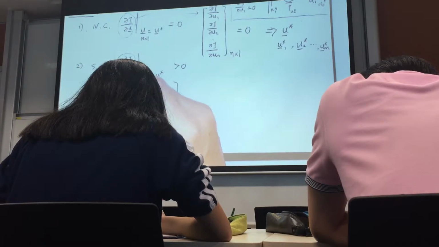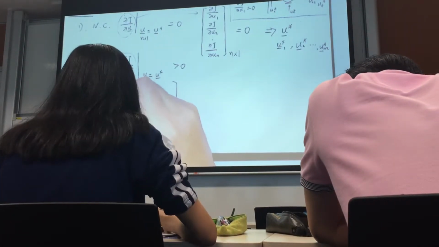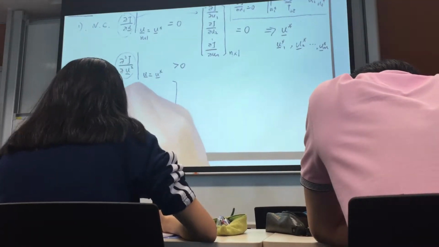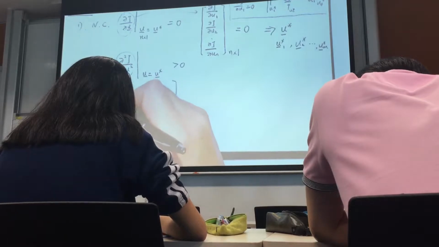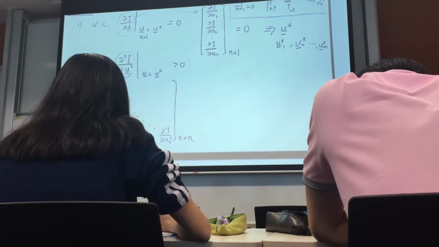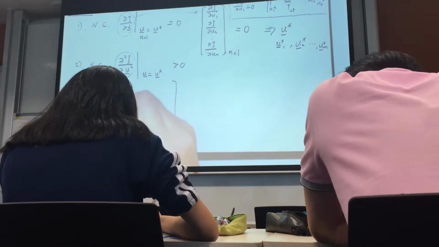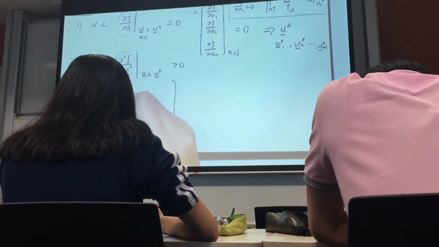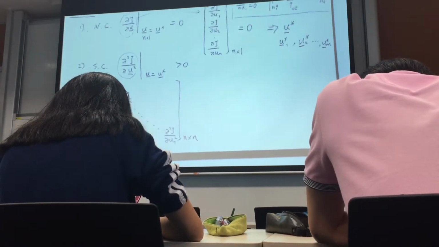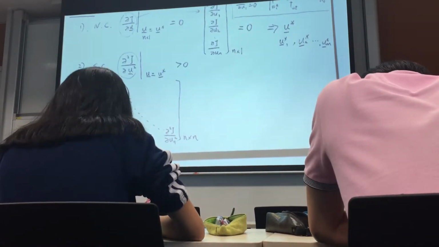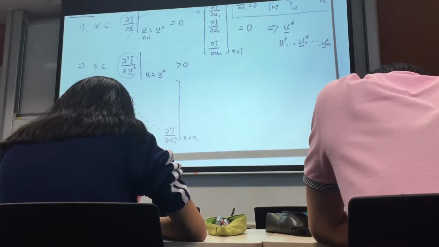Then the first column will be defined like d squared J d u2 d u1. You may remember this order. This order is determined by which derivative we calculate first.